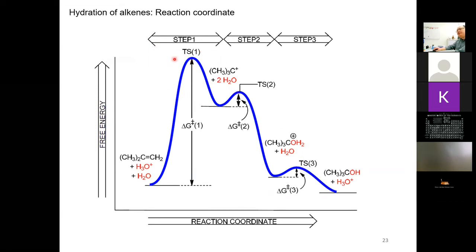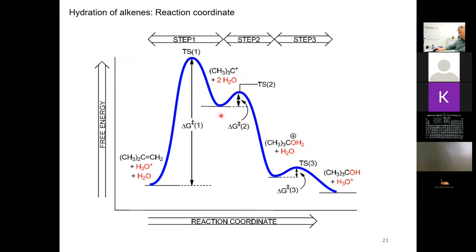So the highest energy transition state is here, right? Then we need to figure out where the highest energy transition state is located. Where is TS1 located? It's located from here to here, right? So this step from the alkene to a carbocation is the rate determining step of this reaction.